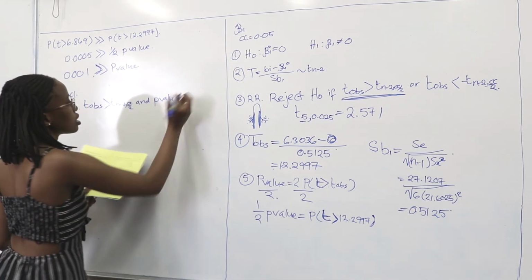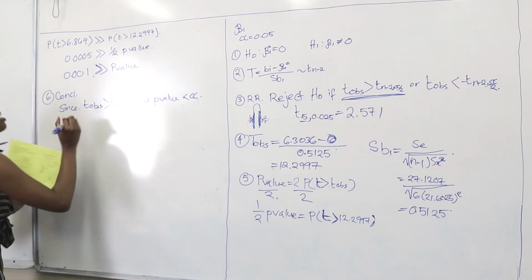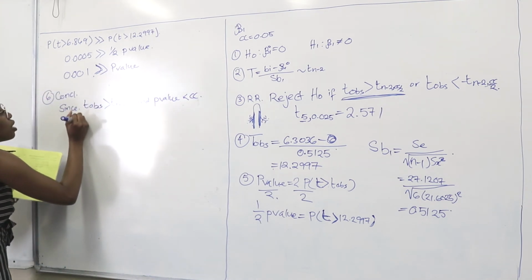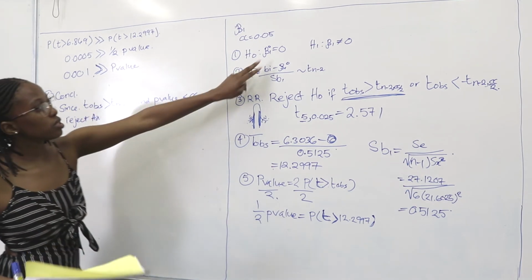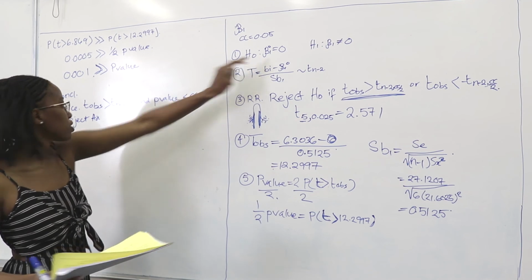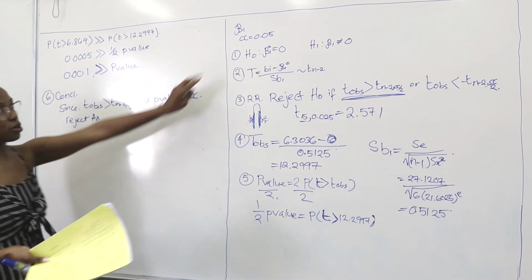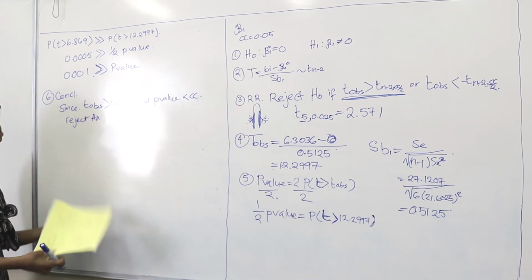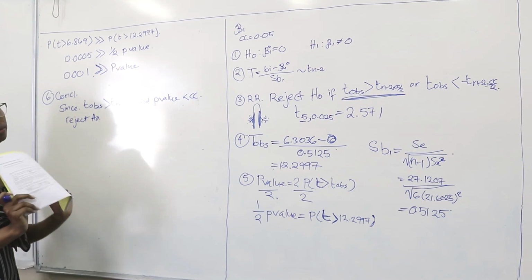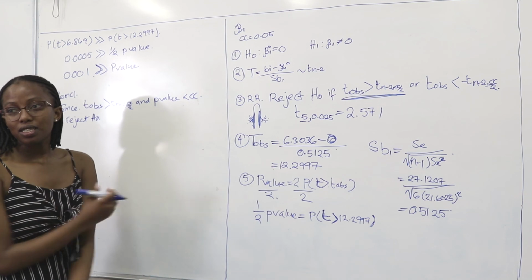So our p-value is less than alpha, which means we reject H0. And if we're rejecting H0, and H0 says that our slope is insignificant, then we're concluding that at a 0.05 level of significance, our slope parameter is in fact significant. And done.